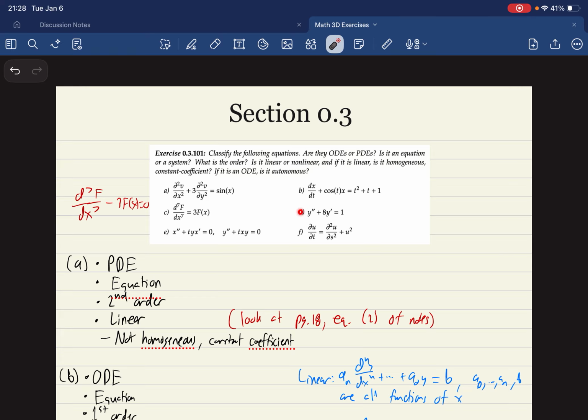So as t evolves, this equation does not change at all. At t equals 0, the equation is y double prime plus 8y prime equals 1. But if you go up to t equals 100, we still have the same equation. That would not be the case if we added, say, plus t squared, because now the equation is changing over time. So this equation is autonomous.